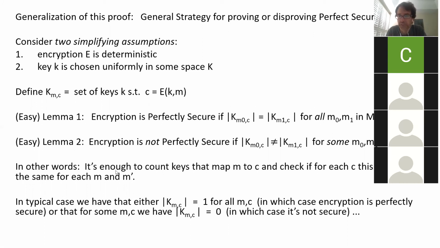So all you really have to do when somebody says, okay, I will do on the homework, so I will post it after the lecture, here is some variant of the shift cipher, decide whether it's perfectly secret or not. You will count keys and see whether you can argue that for every M and C, the number of keys is the same. If there is some message and cipher with a different number of keys, then that's a counterexample.